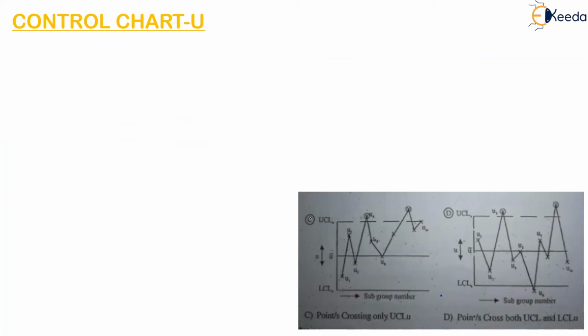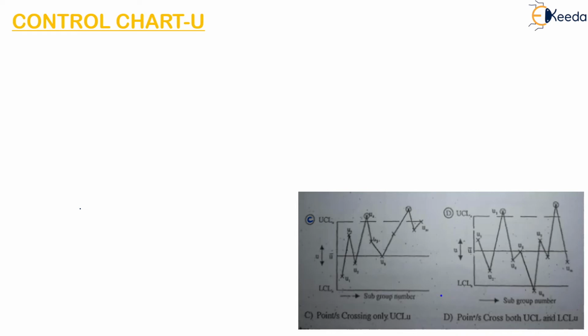Now from figure C we see that there are points which are going beyond the or above the upper control limit. So if the points are crossing the upper control limit, it indicates that there are assignable causes present and the process is not in control.